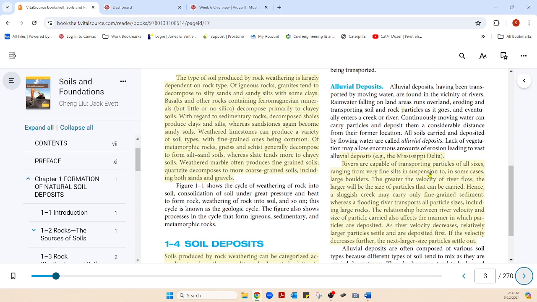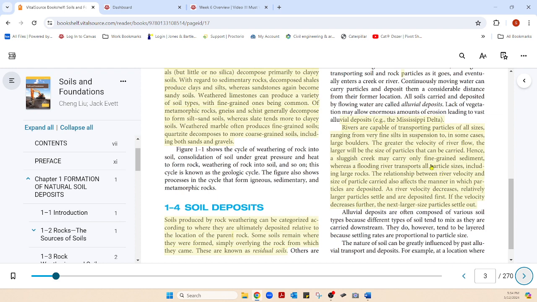Rivers are capable of transporting particles of all sizes, ranging from fine silts in suspension, like clay would be, to, in some cases, boulders. The greater the velocity of the river flow, there's a question asking you the relationship between the velocity of flow of a river and how particles are transported.